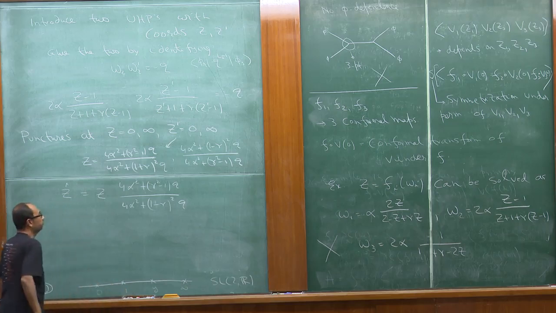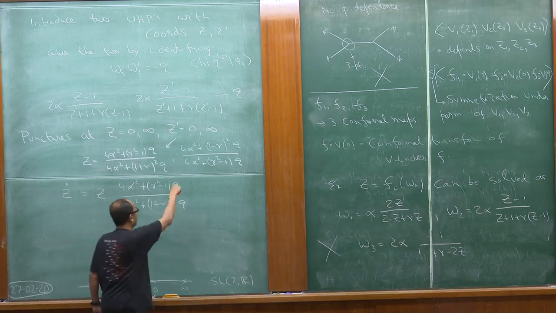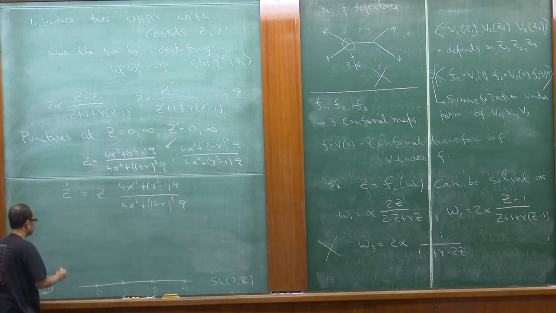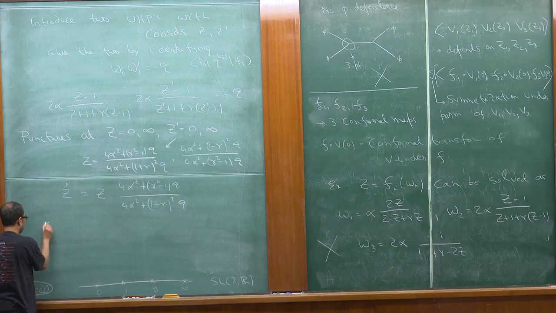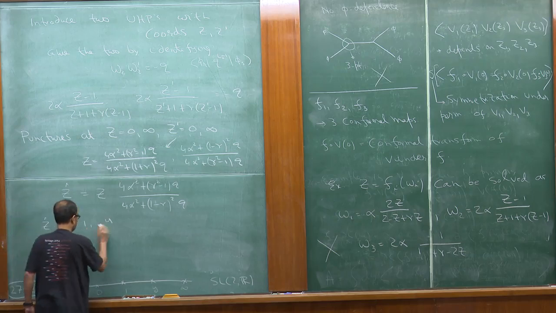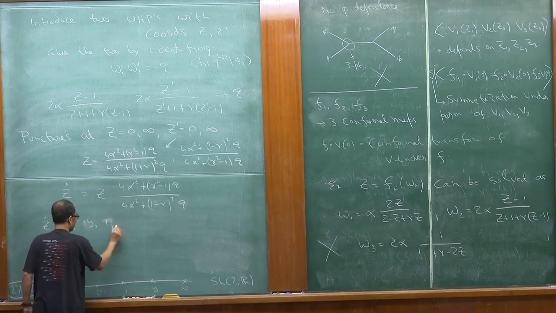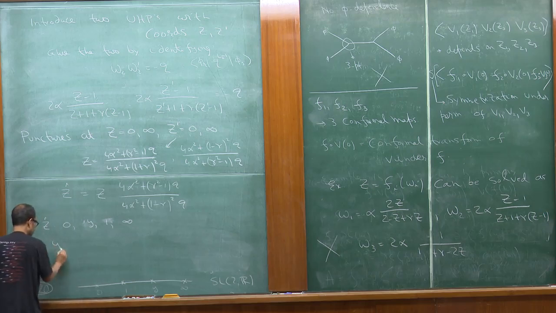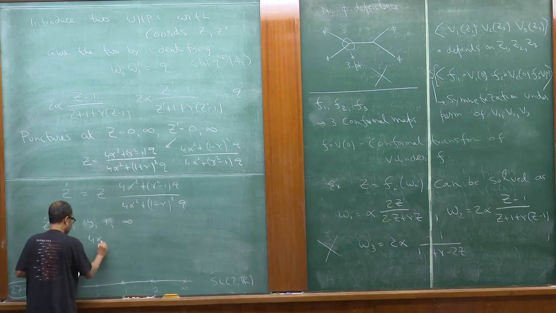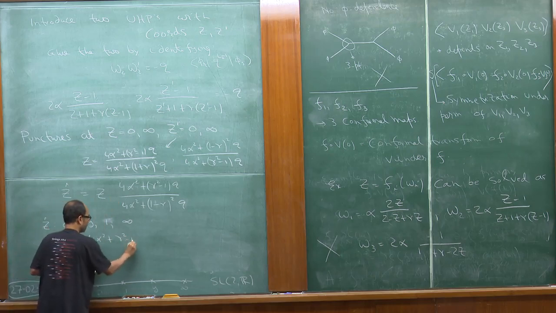Okay. Yeah. So, I put the second one to 1, right. So, this one will be scaled, right. So, the punctures are located in the z hat plane, the punctures are at 0, y, 1, infinity.